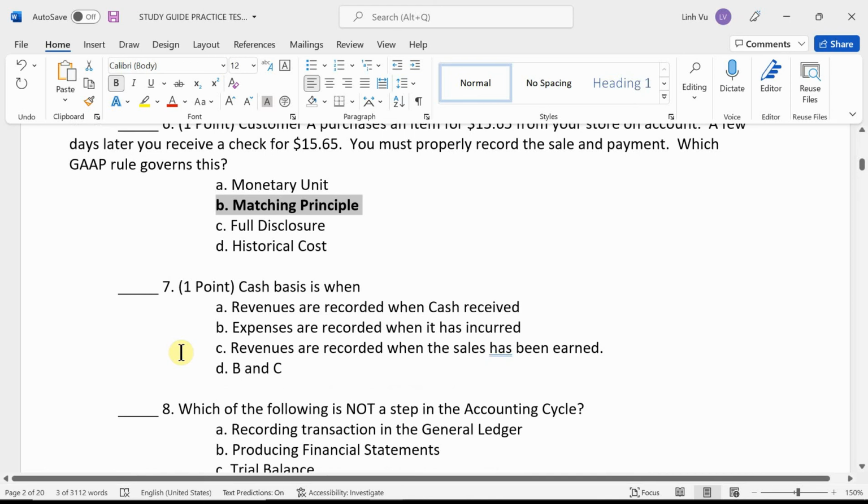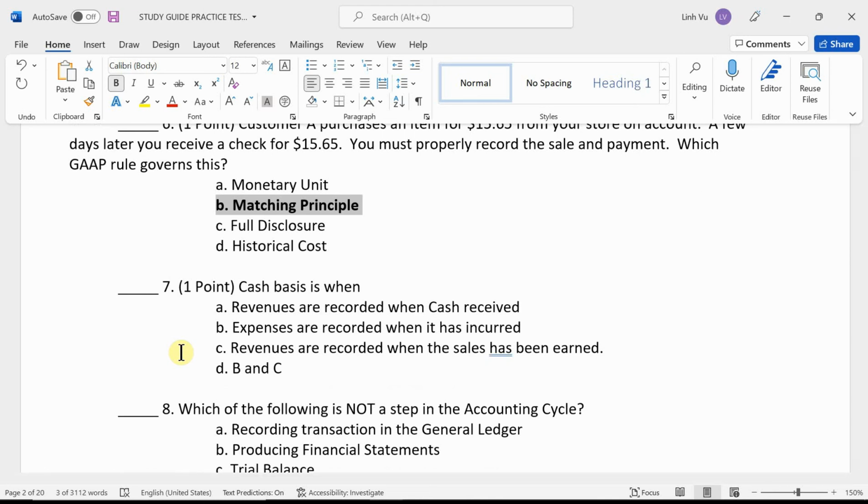Cash basis is when... A, right? Revenues are recorded when cash is received.